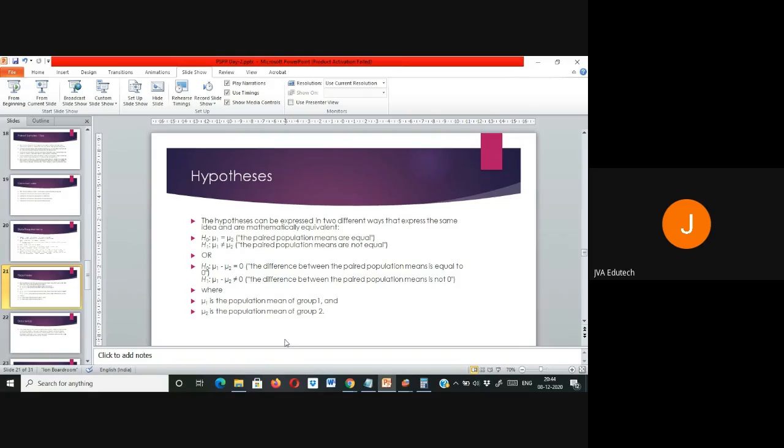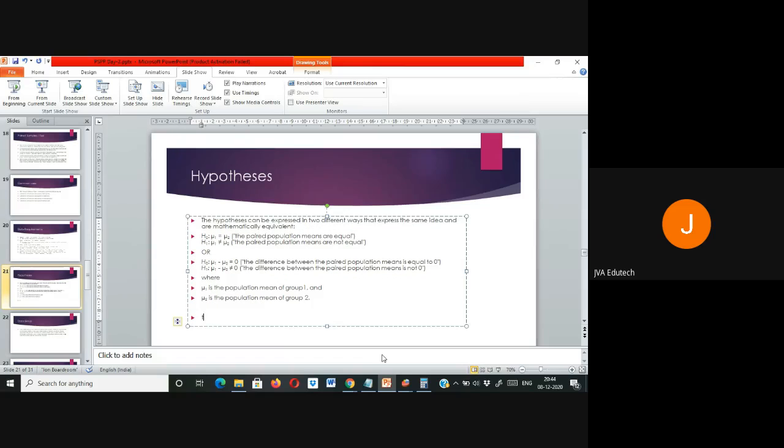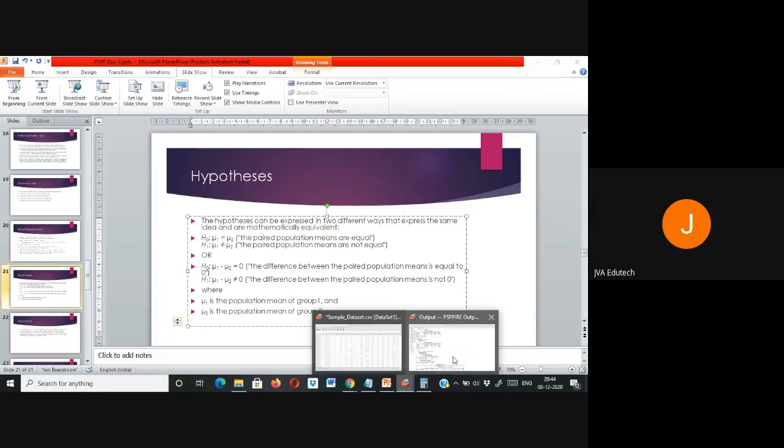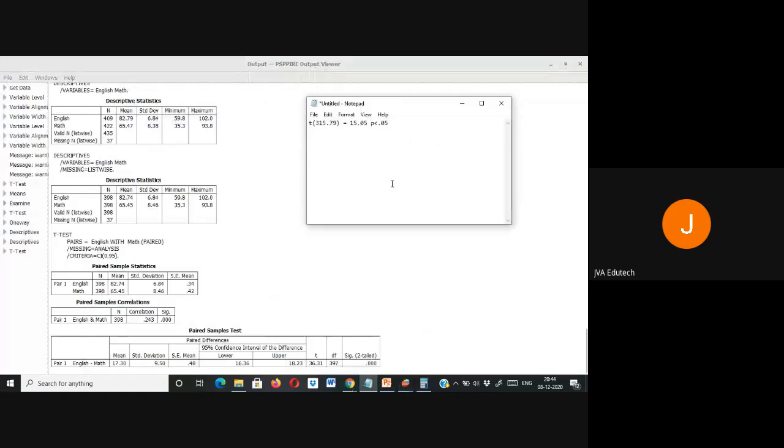So I can write the results like this. Sorry, let me use the notepad itself. T at the degree of freedom. Where is the degree of freedom? 397.